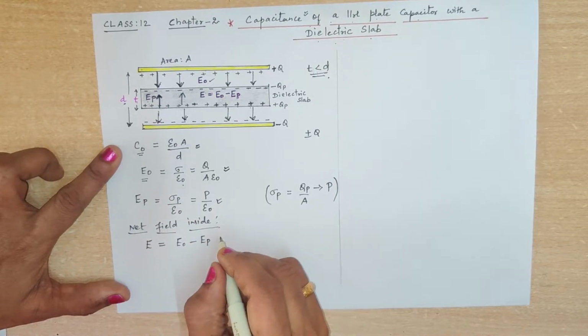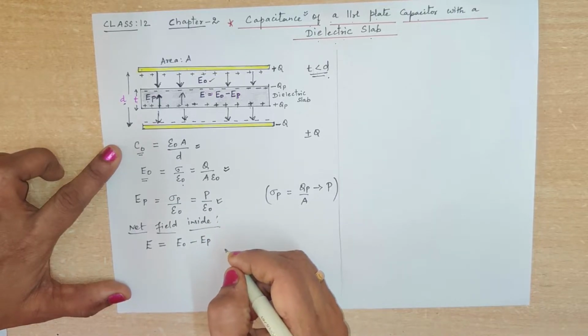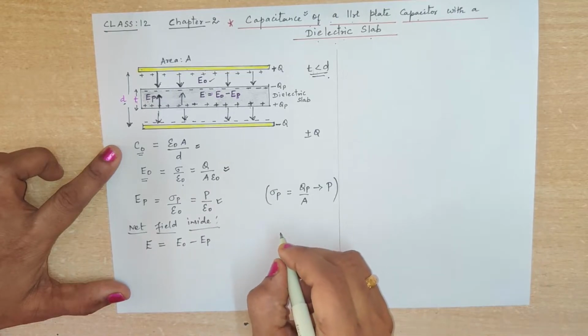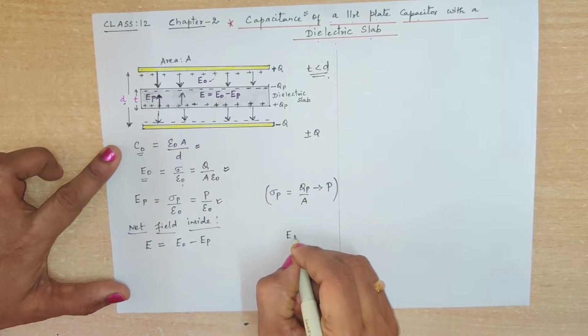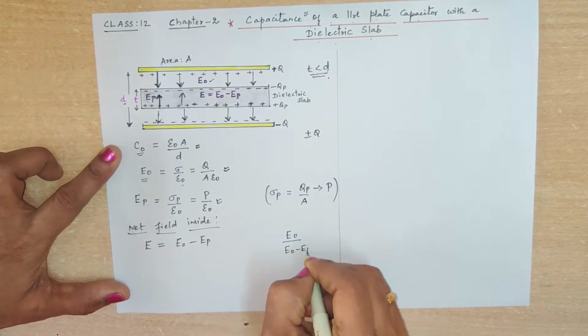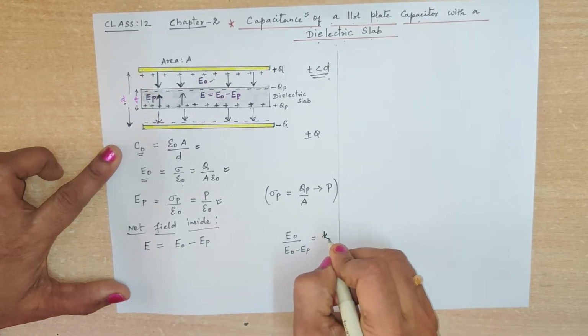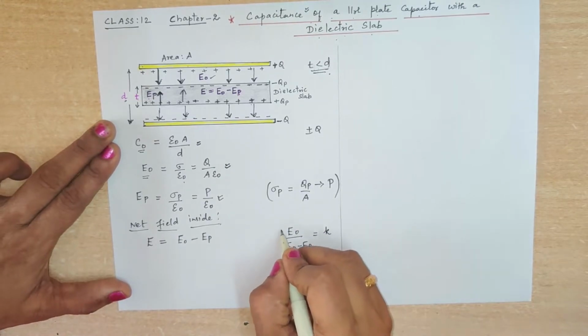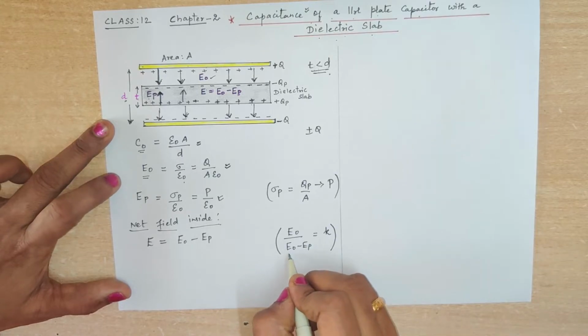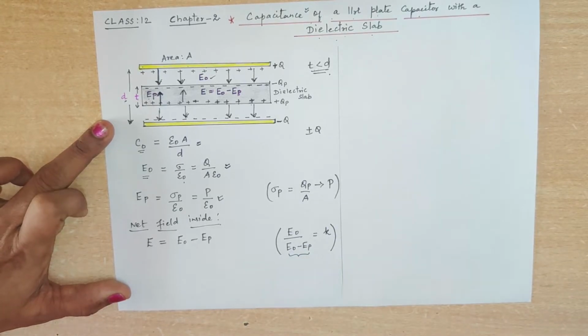After substituting, we can also rearrange this EP in this order. We have the formula E naught upon E naught minus EP, that is equal to the dielectric constant K, which can be substituted in order to simplify this step, and this is nothing but the resultant field also.